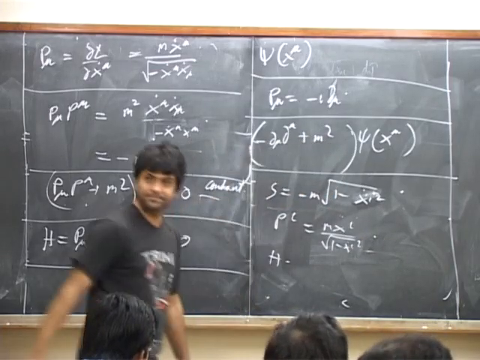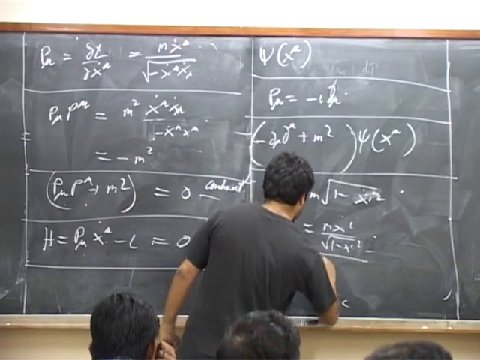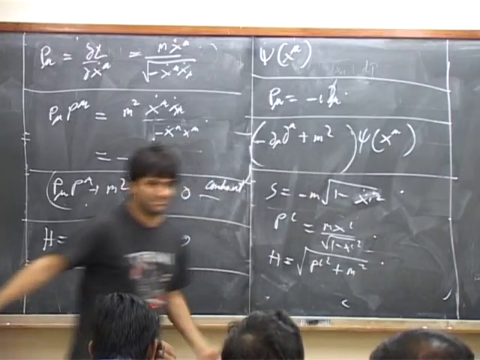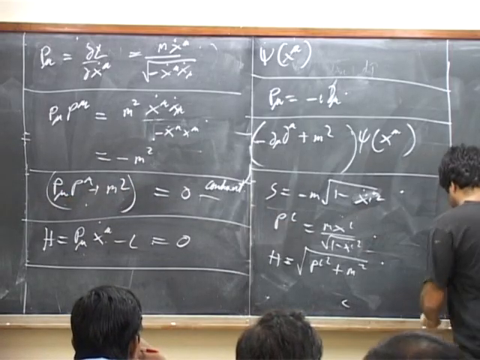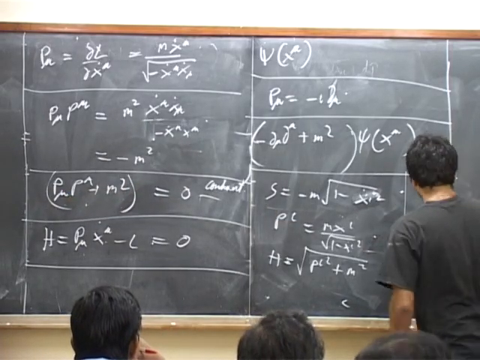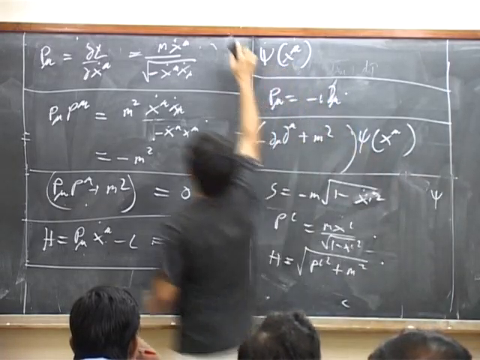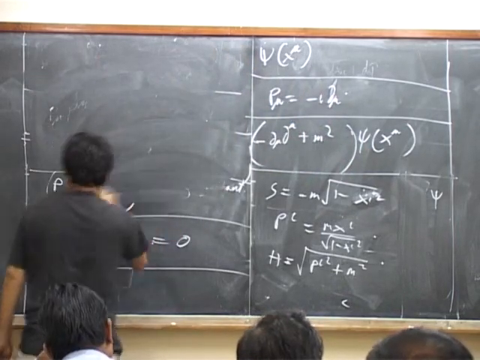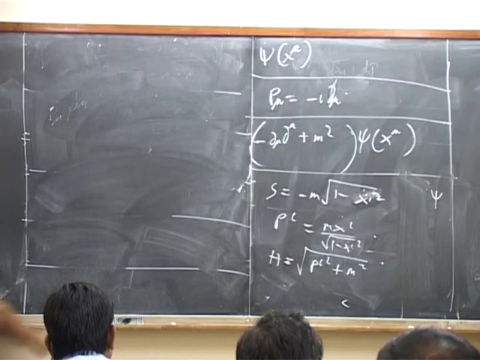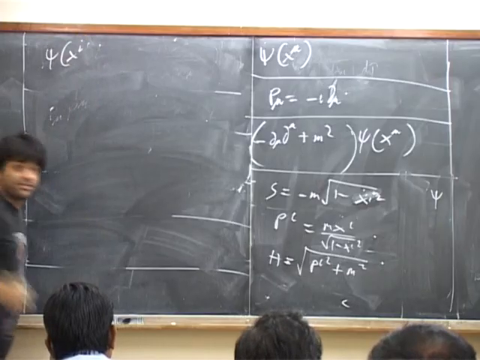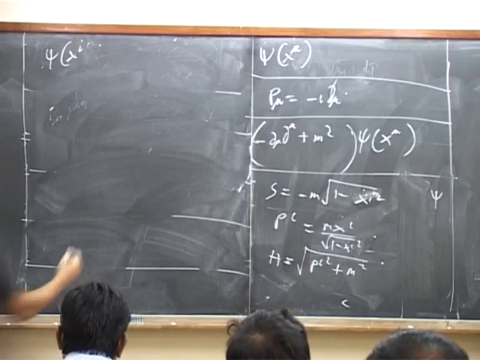And the Hamiltonian is equal to, well, we can compute it, but you know what the answer is going to be. It will be pi squared plus m squared. When you do the algebra, it's something you're all familiar with. Now, if we were to work out the quantum mechanics of this system, the Hilbert space is square integrable functions of xi, but the Hamiltonian is not 0, so it's also a function of time.